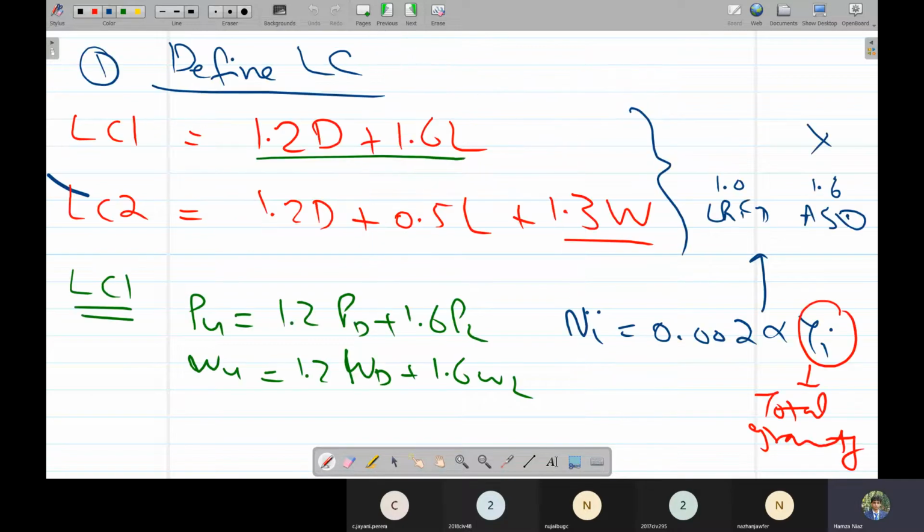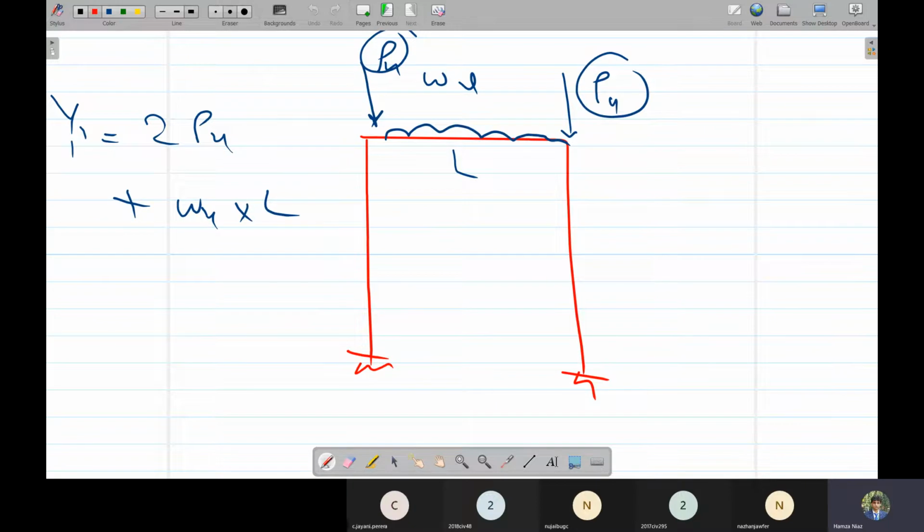And why are we using 0.002? This is because we are assuming notional load. Why are we applying notional load? Because we are assuming that the column is not perfectly straight at the start. It is initially imperfect, with a deflection of L by 500.